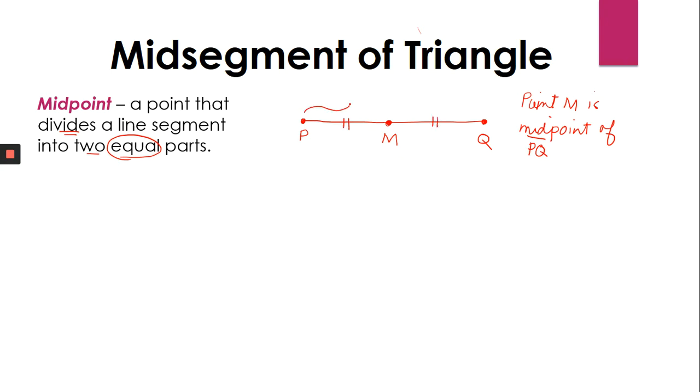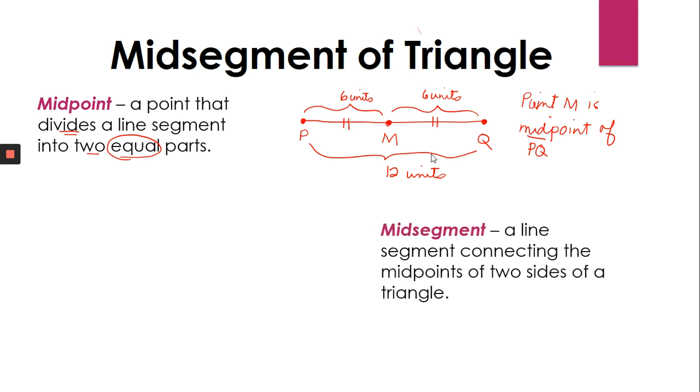If the whole PQ measures 12 units, what should be the measure of PM? If you divide 12 by 2, that will be 6. So PM is 6 units and QM is also 6 units. That's what we mean by midpoint. A midpoint always divides a segment into two equal parts.